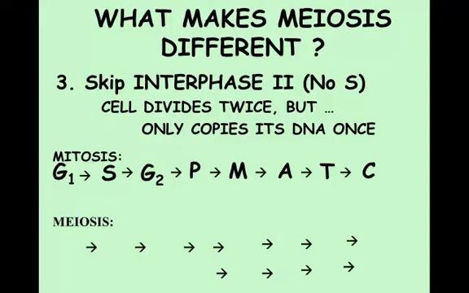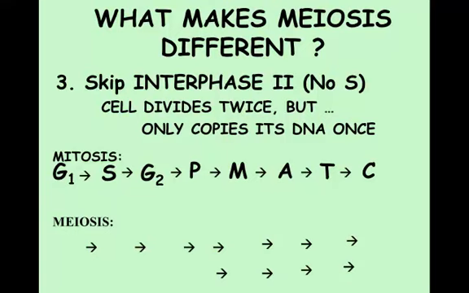If this cell now wanted to divide again, it would go back to being a G1 cell. It could choose to copy its DNA and divide again, or it could take that detour out into G0 and just hang out being a body cell until it got the signal again.